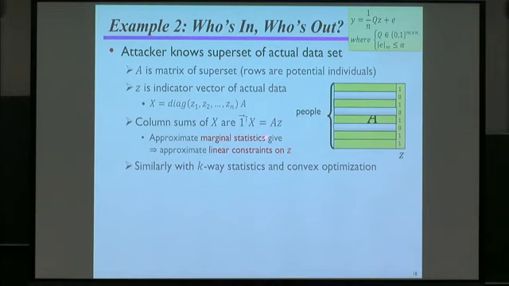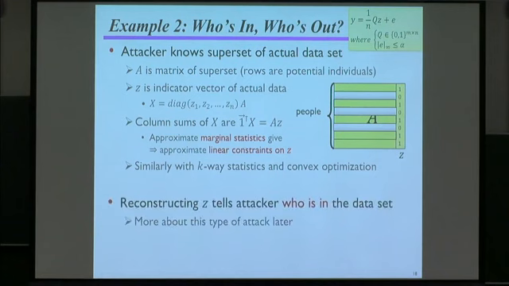Then again, if I learn information about the secret data set for various natural kinds of statistics, I can interpret that as learning noisy linear information about Z. So again, we get some kind of approximate linear constraint on Z. Reconstructing Z in this case means figuring out who is in the data set and who's not. We'll talk a little more about this type of attack later.